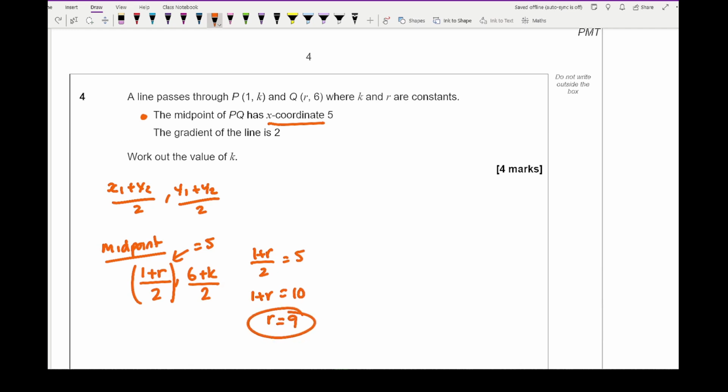So now that I've got the value of r, I now need to work with the gradient. Now to work out the gradient, m is equal to y2 minus y1 over x2 minus x1. So substituting the coordinates in, I've got 6 and r, and I've got 1, k, and 1. And it tells us that that equals 2.